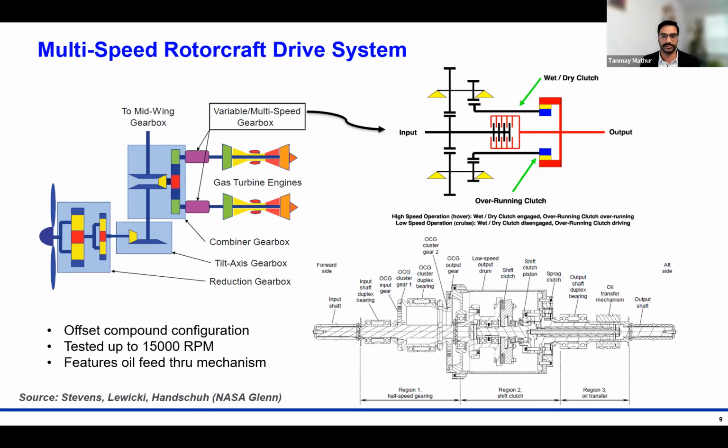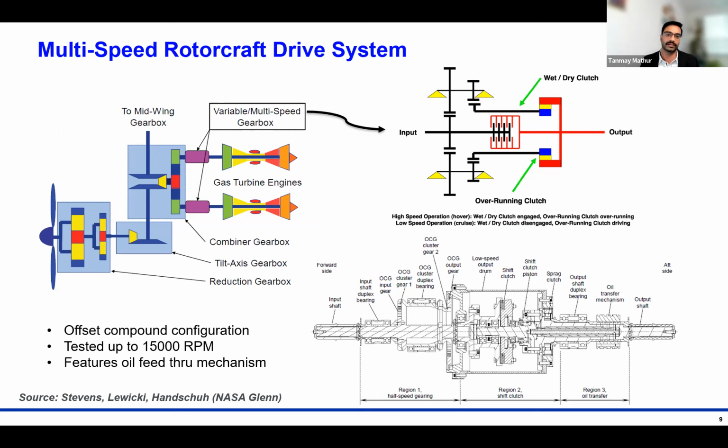So this slide shows a concept gearbox which would fit in the earlier stages of the gearbox, meaning closer to the engine at the low torque, high speed side.